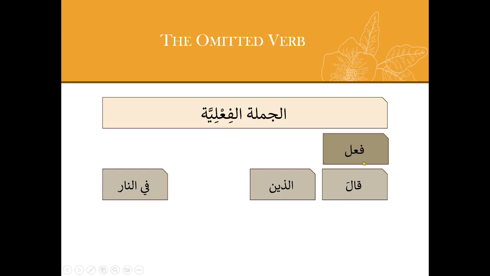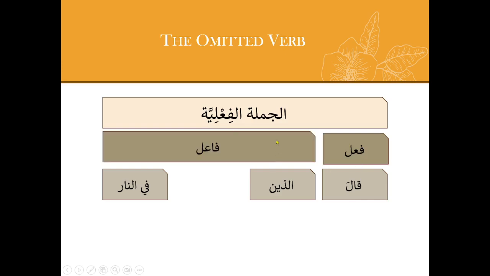So here we have the fi'il, and this is the fa'il. Those in the fire said. This is the jumlah. Istaqarra, who are basically staying in the fire. So this is what is missing, the verb.